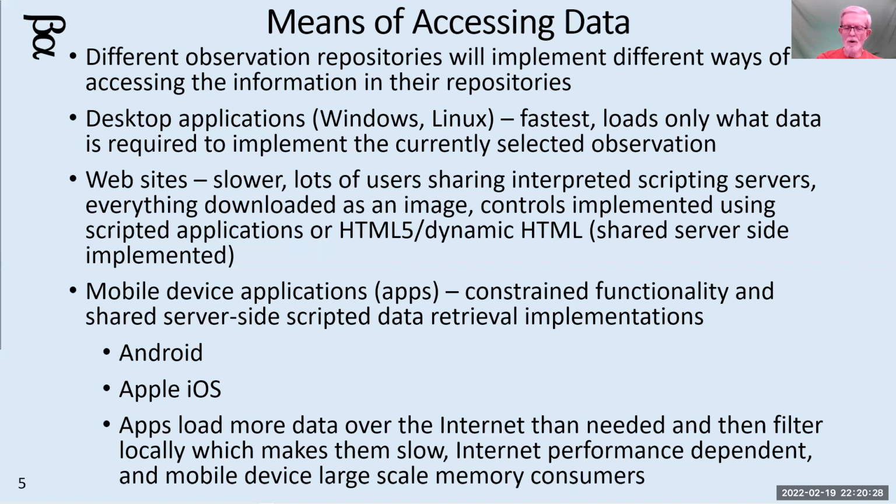This is why when you go to a web app, it runs at a certain speed, but it's kind of a constant speed because the only thing coming back to your browser interface is the results that the server side found. In the case of a mobile app, which is a piece of software running on your mobile device, it's going to go get more data than it needs, hold it all in memory, and then allow you to filter that down.